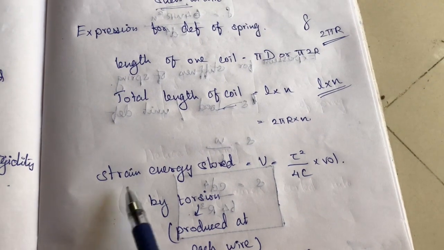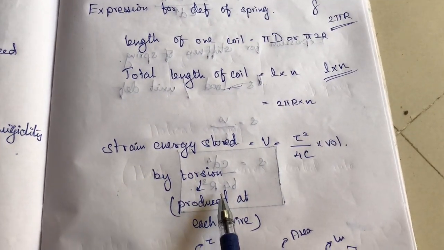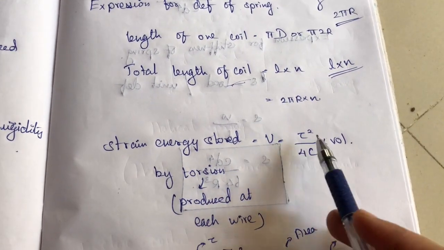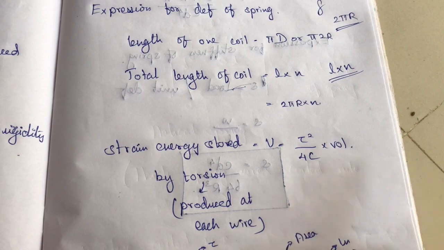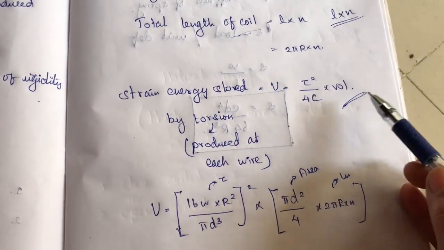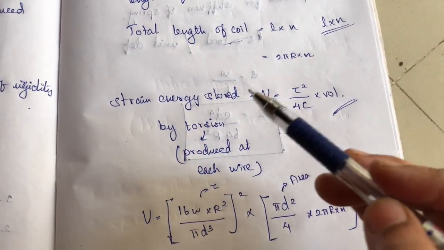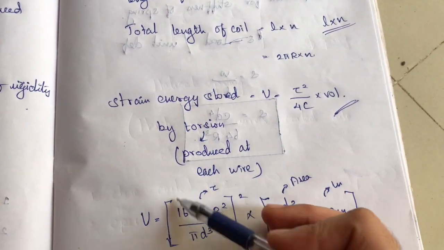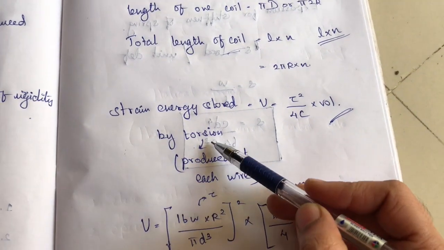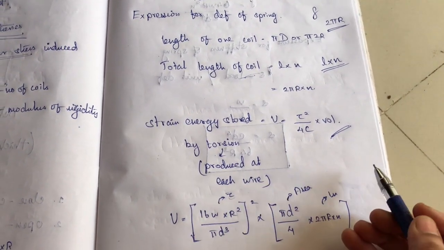Strain energy stored by torsion will be U equal to tau square by 4C into volume. This is the formula. Torsion is produced in each wire, so we can write it as shear stress.